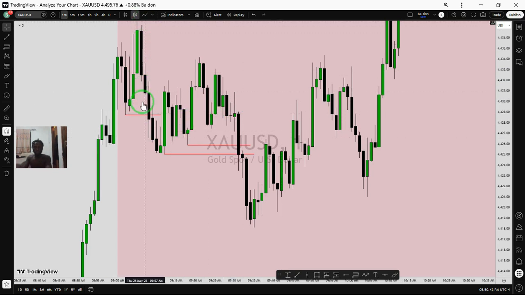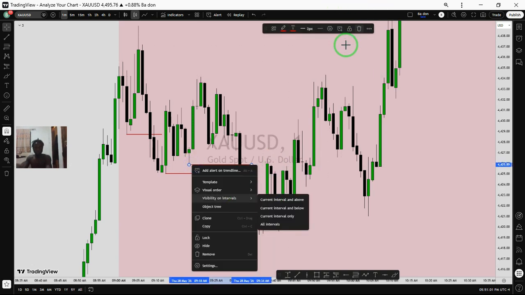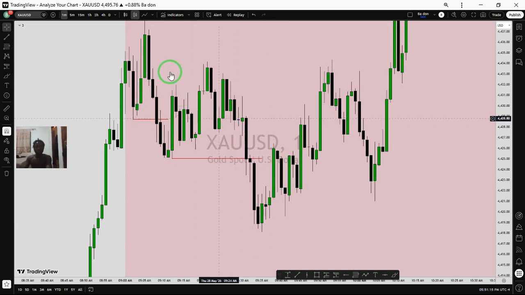Once we have the break like this and it forms a low and starts to retrace back, we have to wait for price to break that low to form a second or a third or fourth break of structure. It doesn't matter, but we must mark the first one, not the very first break of structure of that trend, but we want to see a break of structure like this before we start anticipating what we are trying to trade.